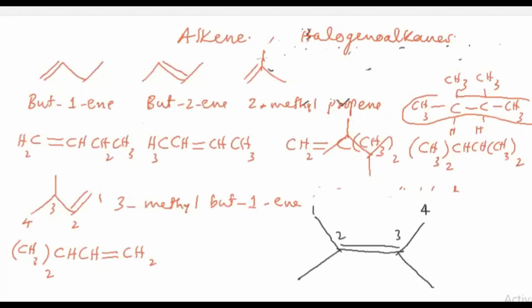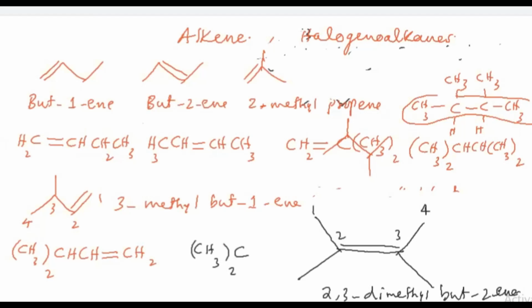But on the second and third position, there are alkyl groups as well. So the complete name of this compound is 2,3-dimethylbut-2-ene. If you want to write down the structural formula, there are 2 CH3 groups. So just draw the 2 CH3 groups. This carbon is already attached with the 4 carbon atoms, so no hydrogen must be there.